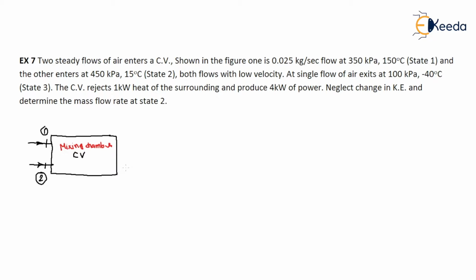As shown in the figure, one flow is 0.025 kg per second at 350 kilopascal and 150 degree centigrade at stage 1. The other enters at 450 kilopascal and 15 degree centigrade at stage 2. Both flow at a very low velocity, which means the inlet kinetic energy will be neglected.